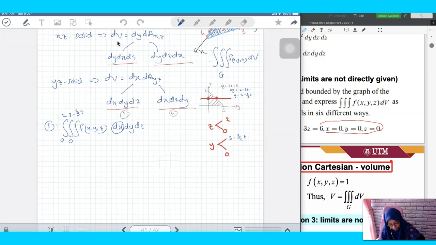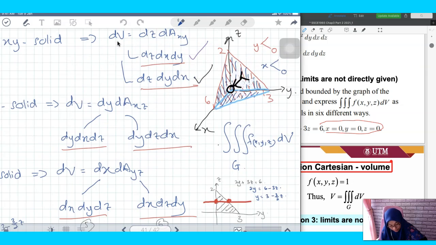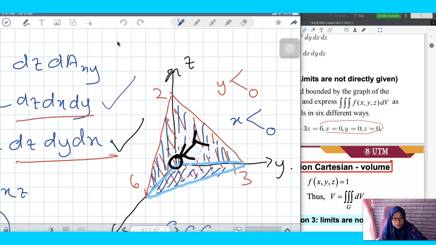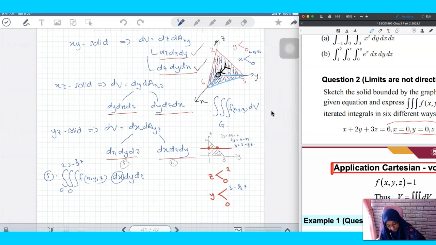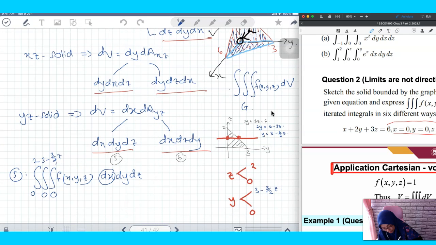So your equation is part of this. You have 6 minus 2y minus 3z. So that becomes the boundary of your x, 0 to 6 minus 2y minus 3z.